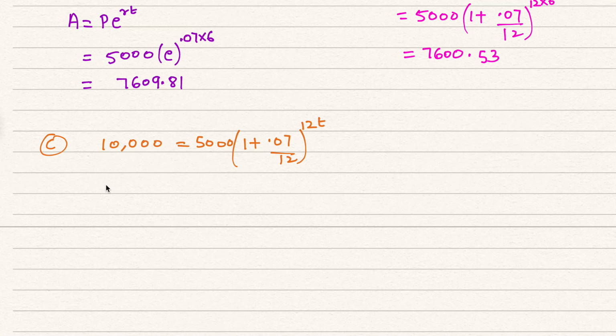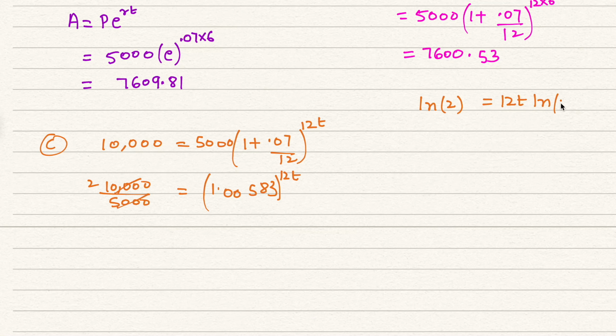First, dividing by 5,000 on both sides, this is 1.00583 raised to power 12t, applying natural log on both sides. So this will become natural log of 2 is equal to 12t natural log of 1.00583.